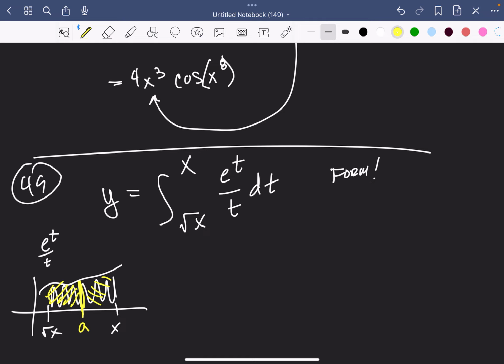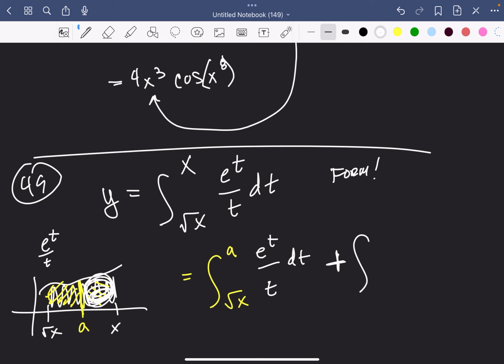So I'm going to rewrite it as the integral from the square root of x to a of e to the t over t dt plus the next chunk of area, the integral from a to x of e to the t over t dt.